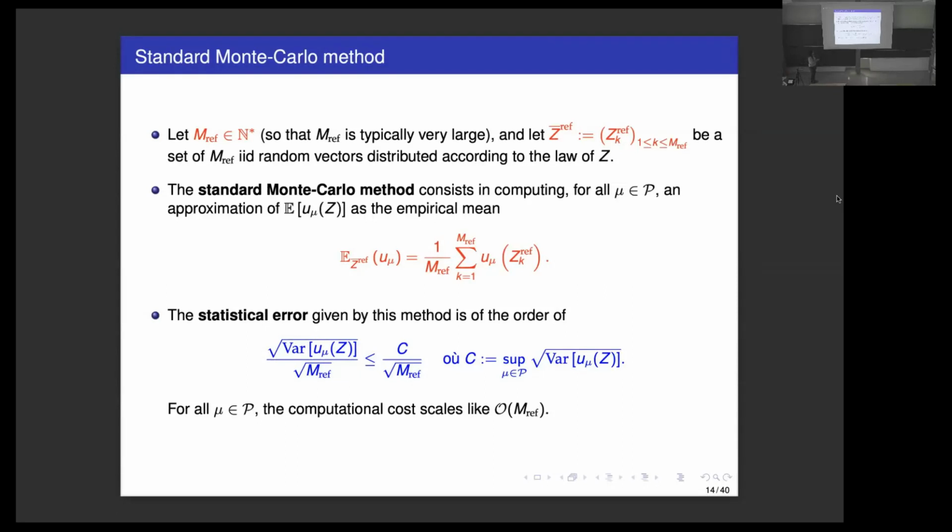The statistical error given by such a method typically scales like some constant divided by the square root of m_ref, the number of samples taken in your standard Monte Carlo method. So for all values of the parameter mu, the computational cost scales like m_ref for such a statistical error.